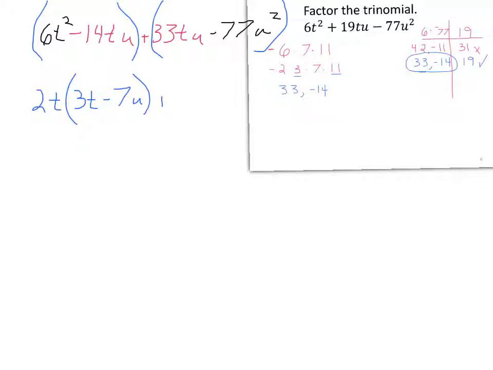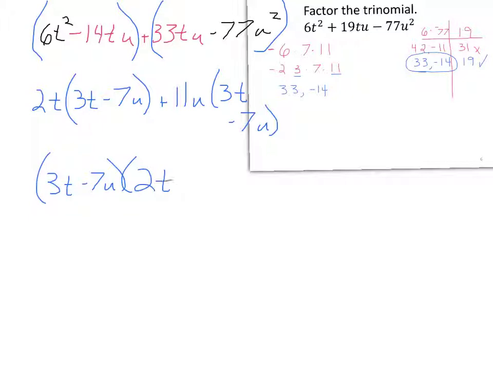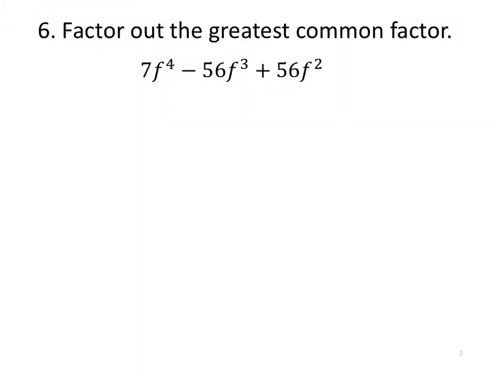And I see I can pull out an 11u. And what do I have left? 3t minus 7u, just like I want. So now I can treat 3t minus 7u as the greatest common factor, and what's left is 2t plus 11u. And that's the result.